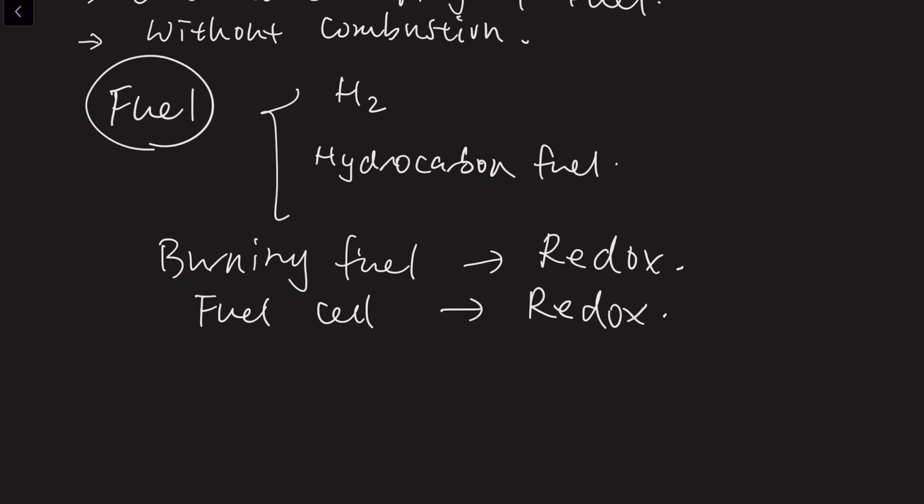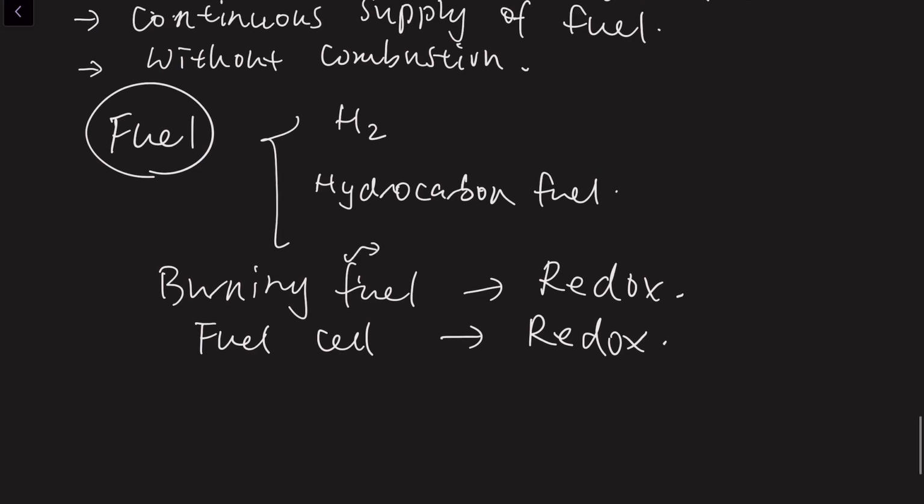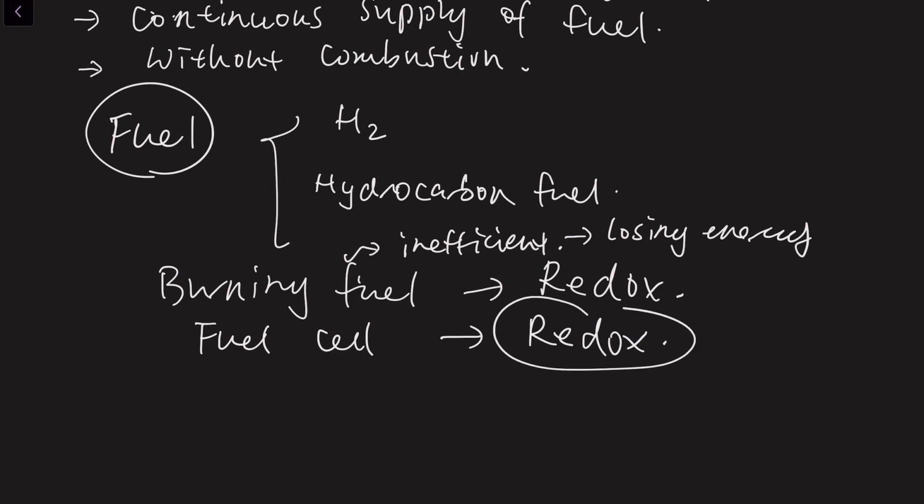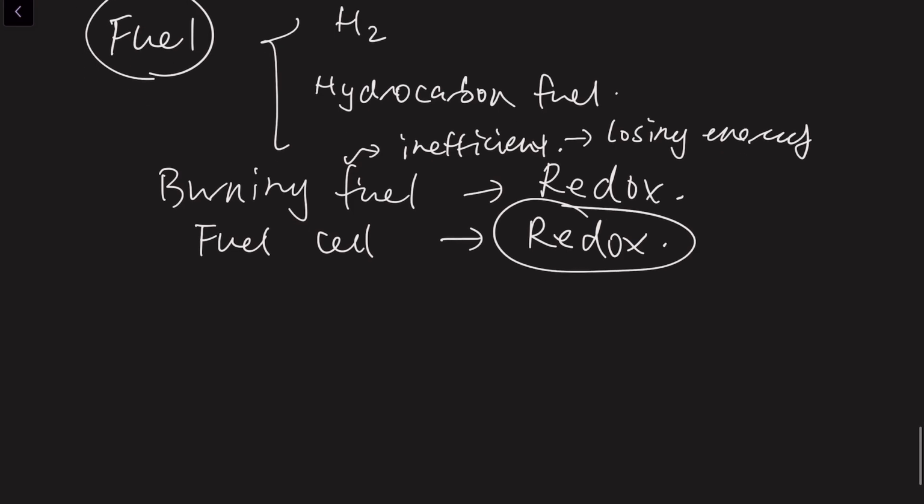But what is different is that burning a fuel is inefficient because you are losing a lot of heat energy of this intermediary step. But using fuel cell exploits this characteristic of redox reaction, which involves the transfer of electrons.